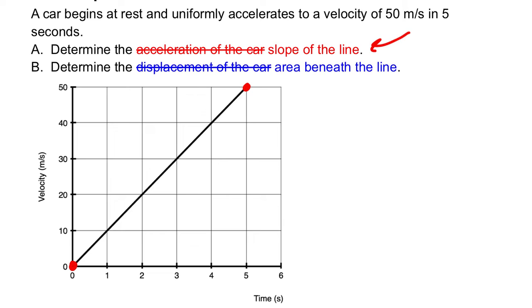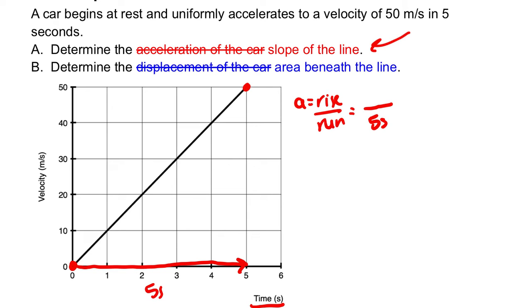And I also like to go with the rise over run equation for the slope. So for the run, once I select my 2 points, I'll go from the left point to the right point. How much of the horizontal axis has changed? In this case, we go from 0 to 5, so our run is just 5 seconds.